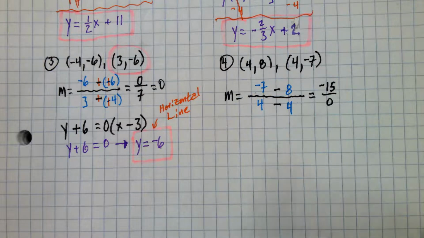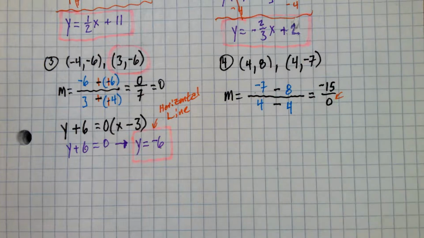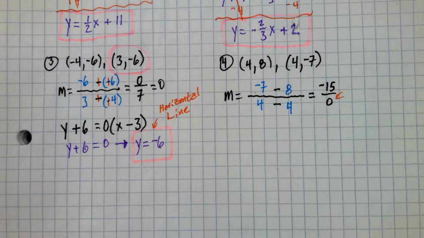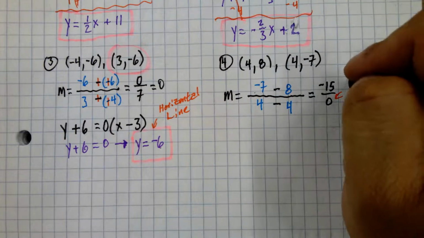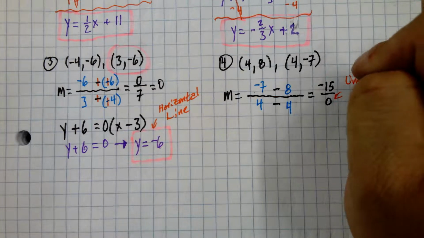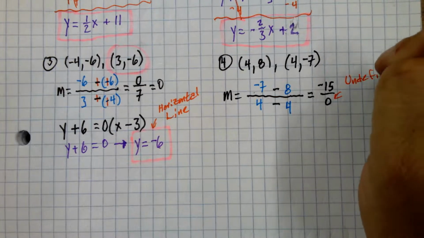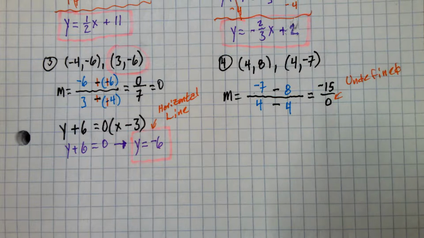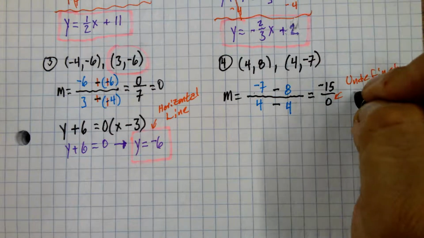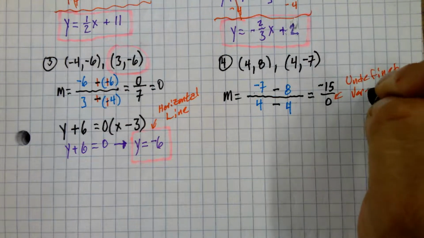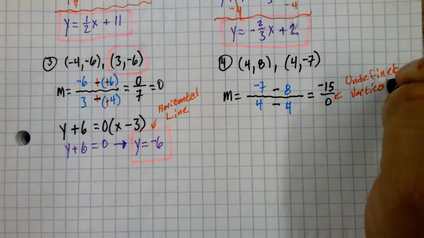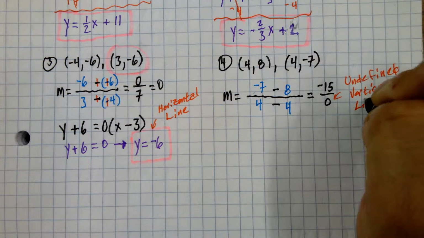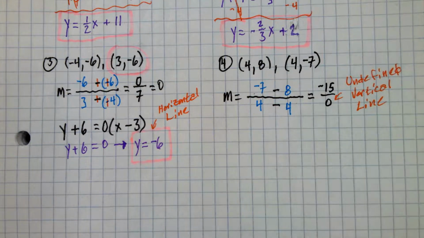I'm glad you guys, or we have one person, I'm sure more had that. It's undefined when the zero's on the bottom. That means it's a vertical line. That means it's going to go straight up and down.